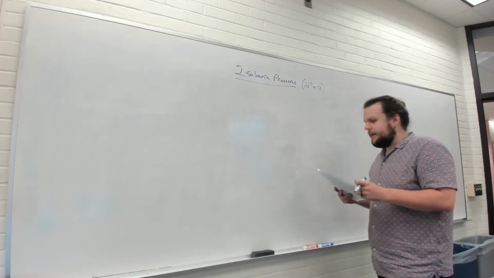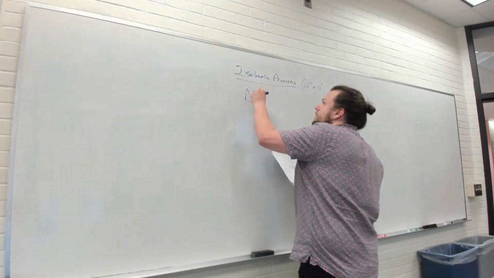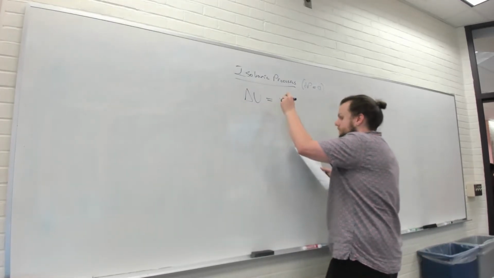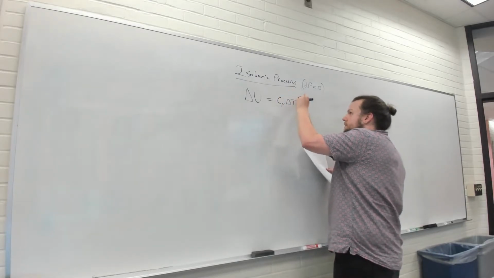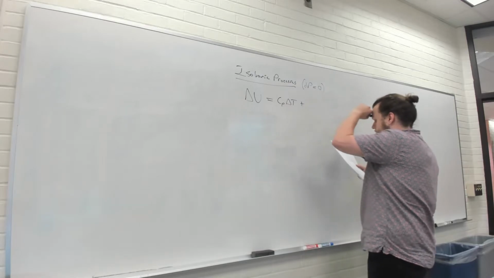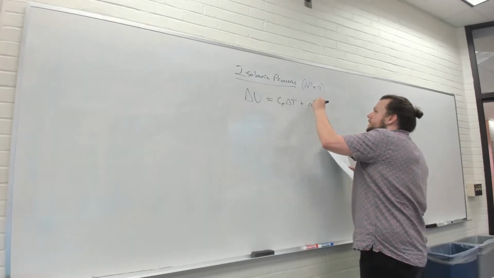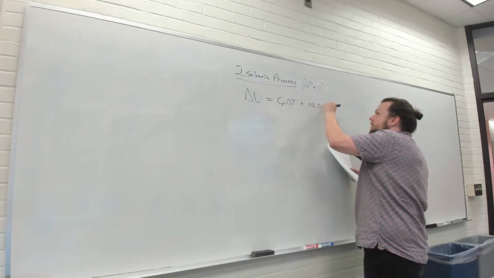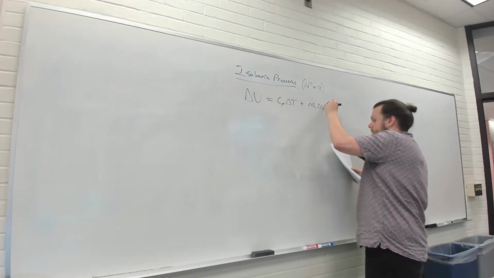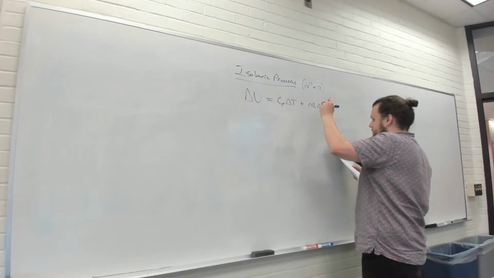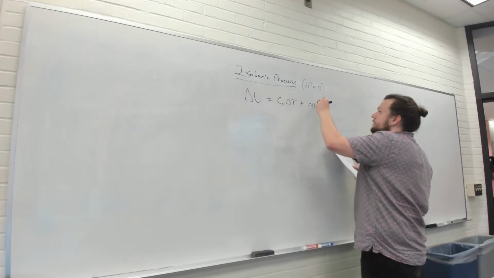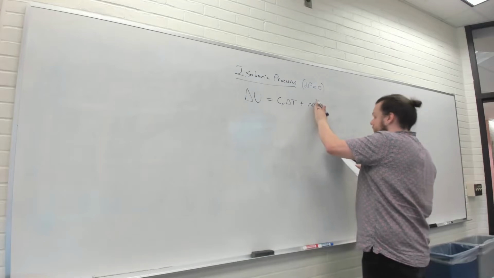We had a problem that the change in energy for an isobaric process is a little bit of heat and a little bit of work. Remember, there's a factor of T here.